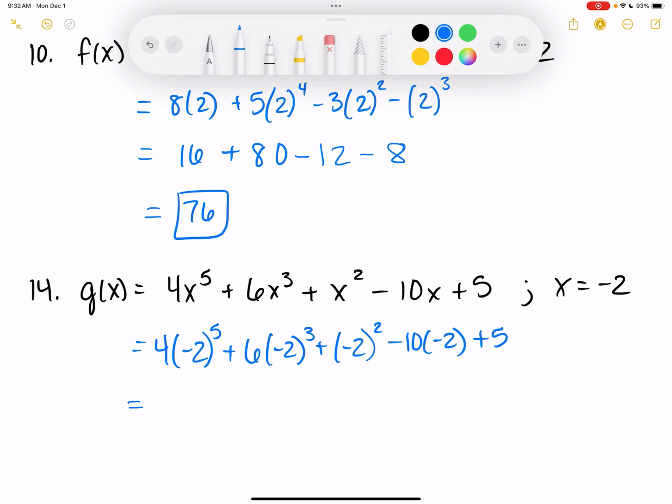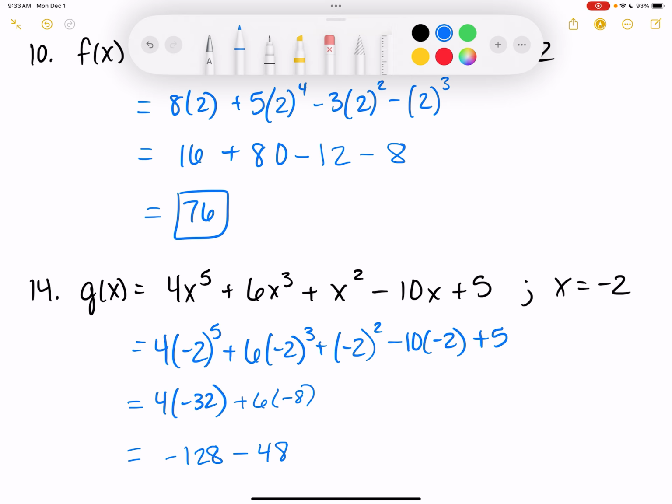Negative 32. So 4 times that is negative 128. Then negative 2 cubed is negative 8, so 6 times negative 8 is negative 48.